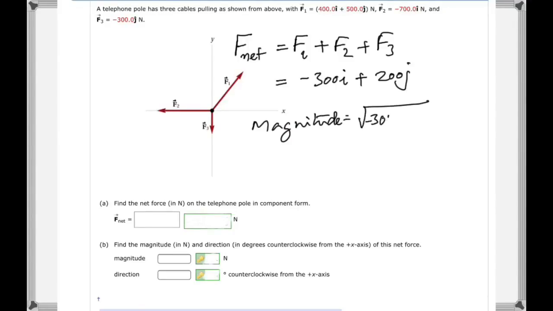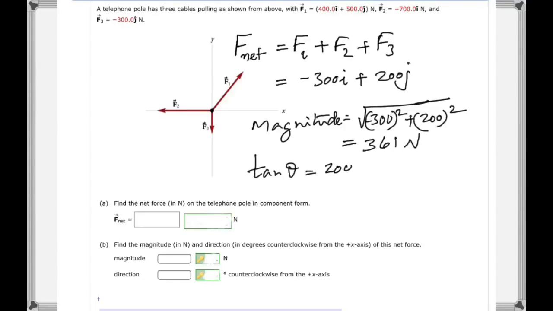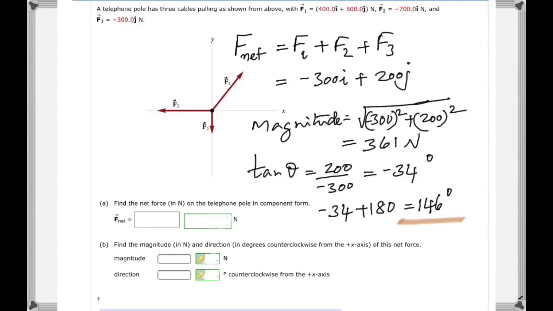And just like before, find the magnitude. To find the direction, take the tangent of the angle. It's minus 34 degrees, but to get the counterclockwise angle, you say it's 146 degrees because you have to add 180 to that. So that is the answer.